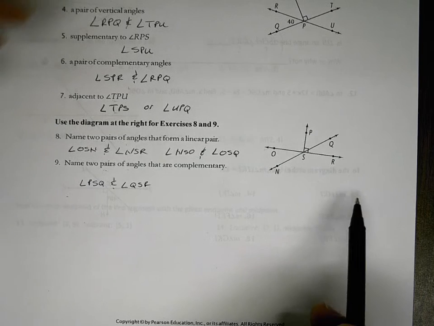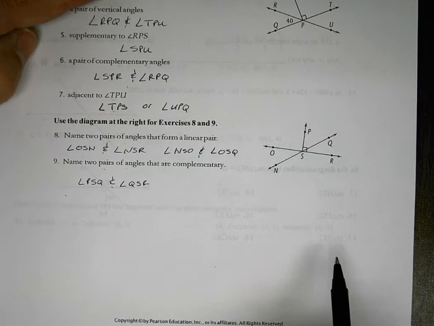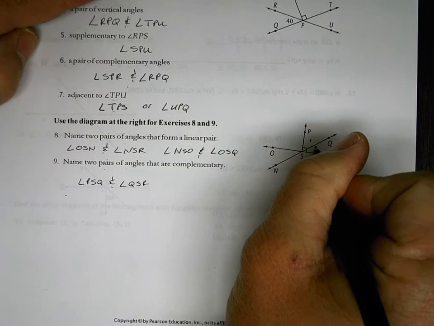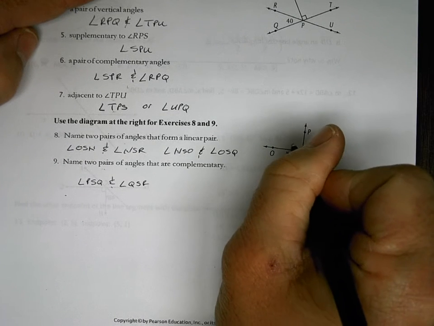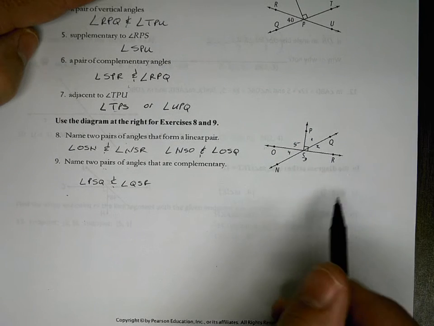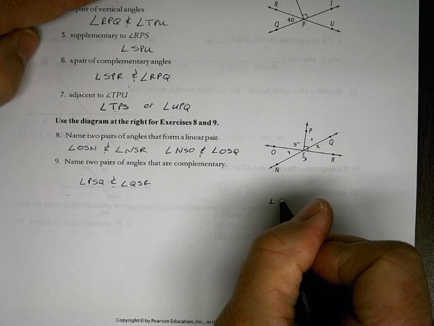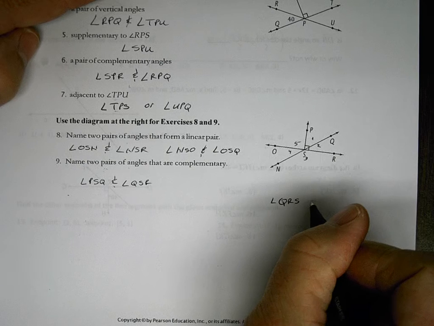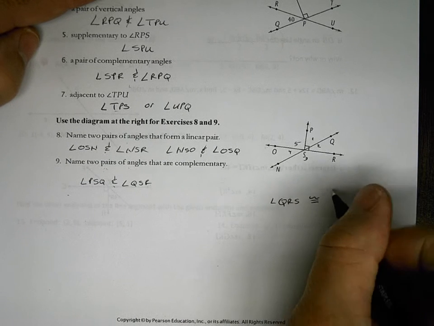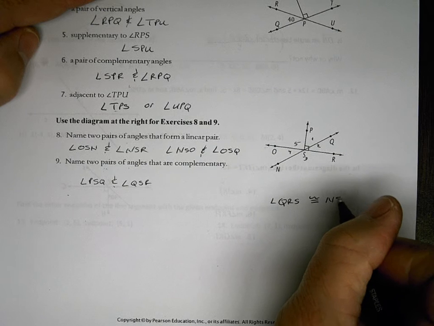We need another set of angles. And the one that's a little harder to see, if I name all these angles 1, 2, 3, 4, 5, what you should remember from yesterday is that angle QRS is vertical to angle, we'll say NSO.